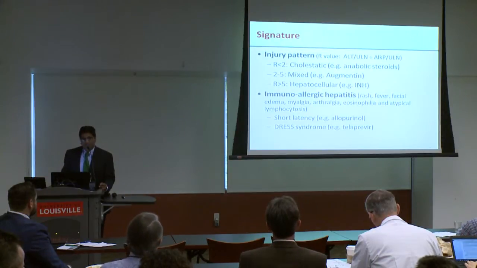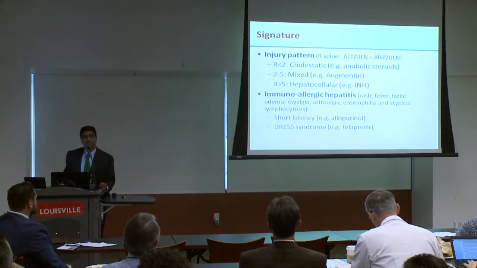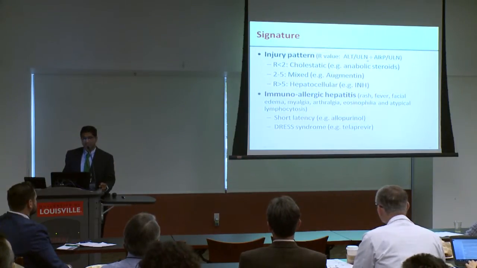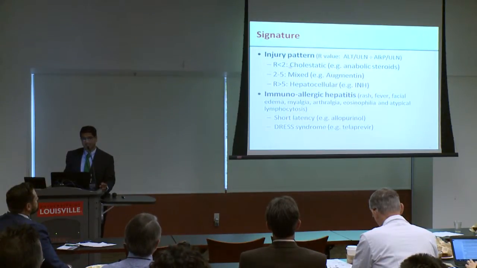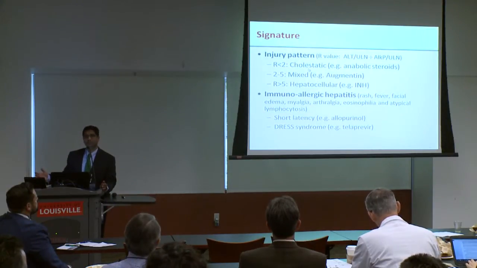And the pattern of injury, sometimes it's predominantly ALT, sometimes it's predominantly biliary injury, which causes alkaline phosphatase injury. So this equation that we use, it's the patient's ALT divided by the upper limit of normal, and the whole thing you divide again with this ratio. If R is less than 2, this is cholestatic. It helps us recognize that there's a biliary process, which fits in with anabolic steroids.